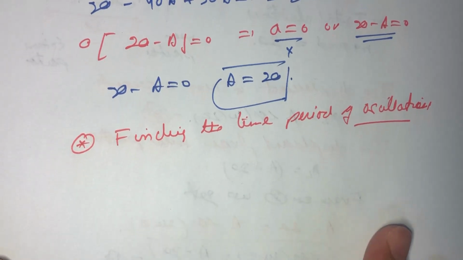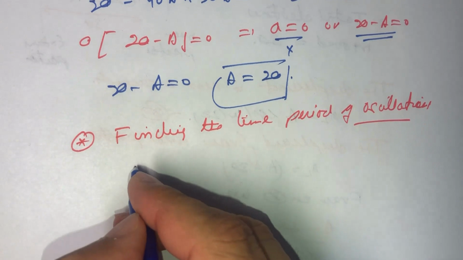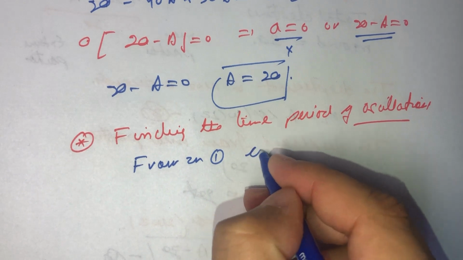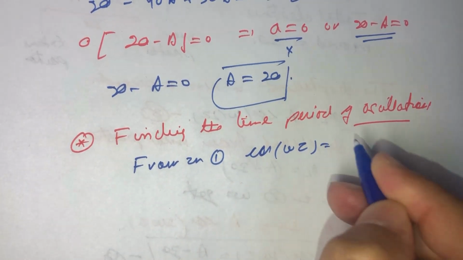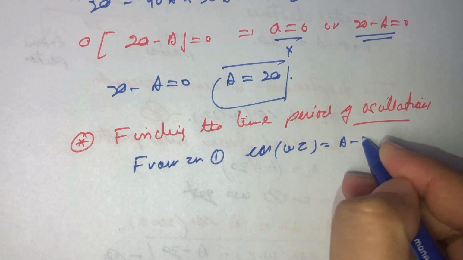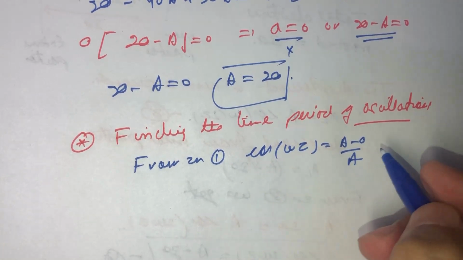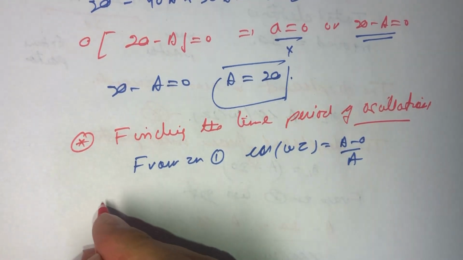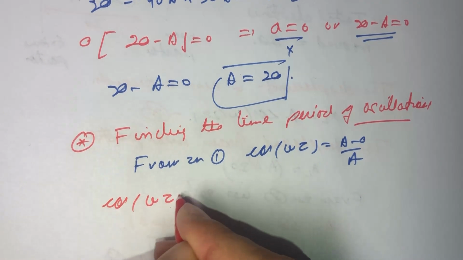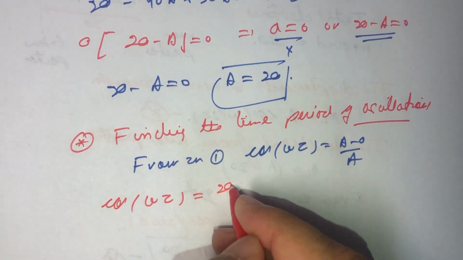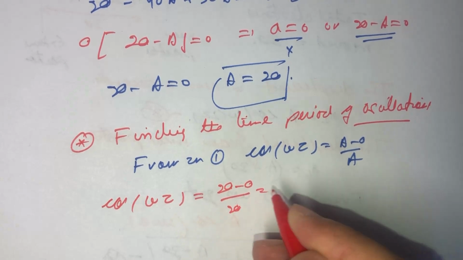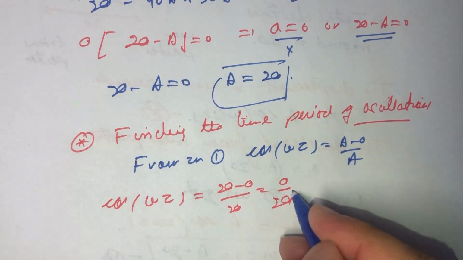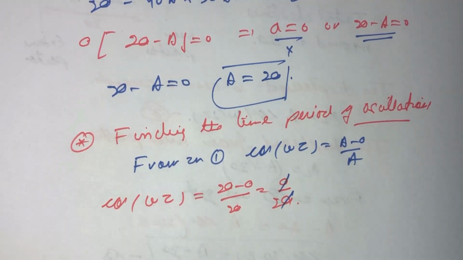So from equation 1, we already know that cos of omega tau is equal to A minus a upon capital A, and we substitute the value of capital A as 2a, so we get cos of omega tau is equal to 2a minus a upon 2a, so this becomes a upon 2a. Here a and a cancel out, and this is equal to 1 by 2.